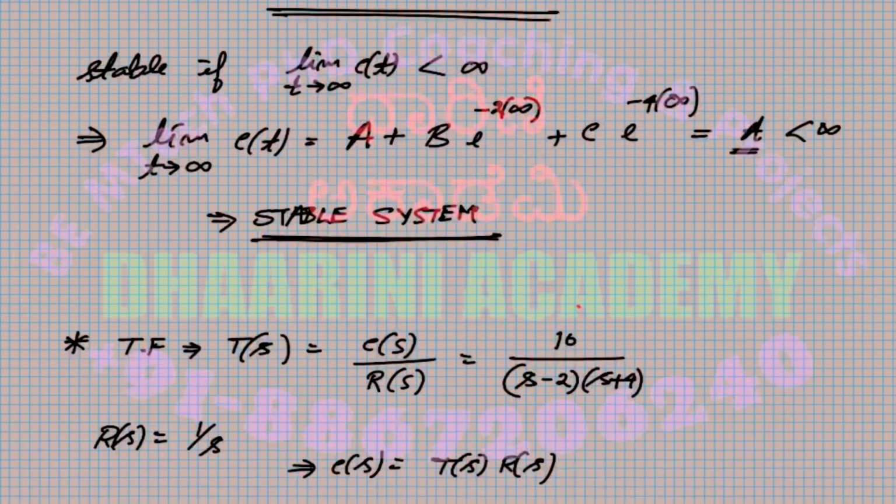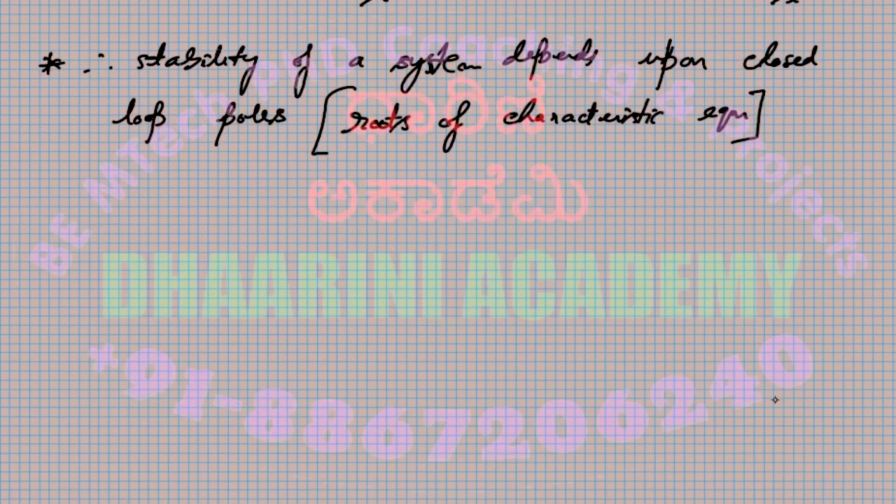Okay, let's write a sentence about when the system becomes stable. So far we discussed the unstable system. Now we'll write about the stable system.